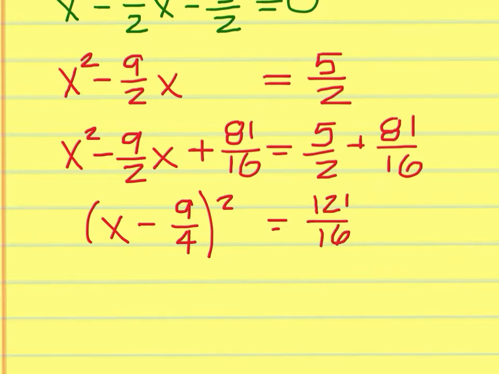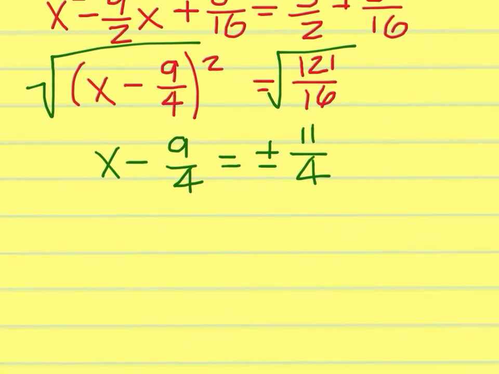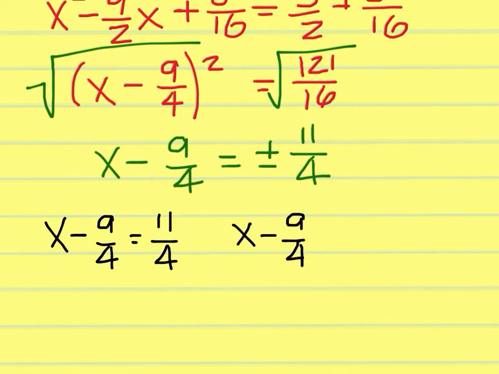So now you need the square root of both sides to come up with x minus 9 over 4 equals plus or minus 11 over 4. And you have two problems to do. X minus 9 over 4 equals 11 over 4, and x minus 9 over 4 equals a negative 11 over 4.